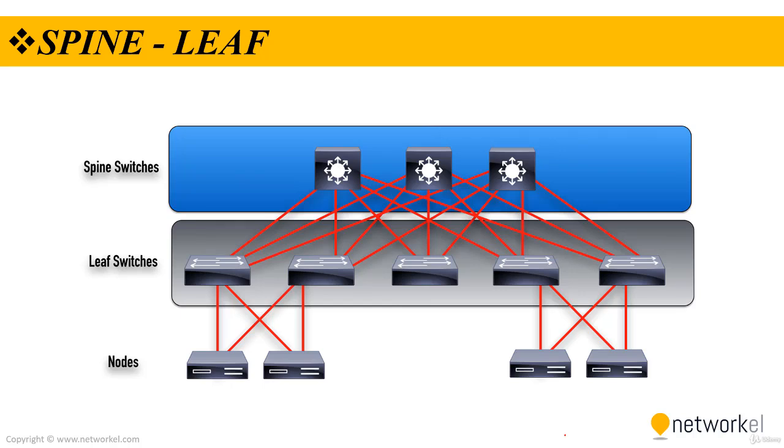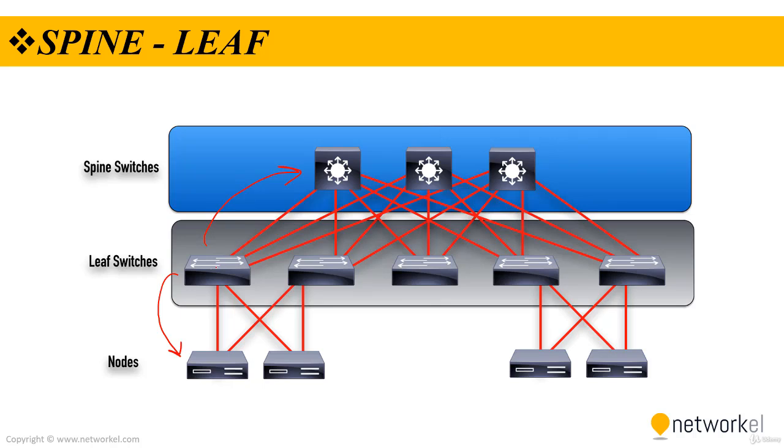Ports in a leaf switch have one of two responsibilities: one, connecting to a node, and second, connecting to a spine switch. You will notice in the topology on the screen that each leaf switch connects to every spine switch.